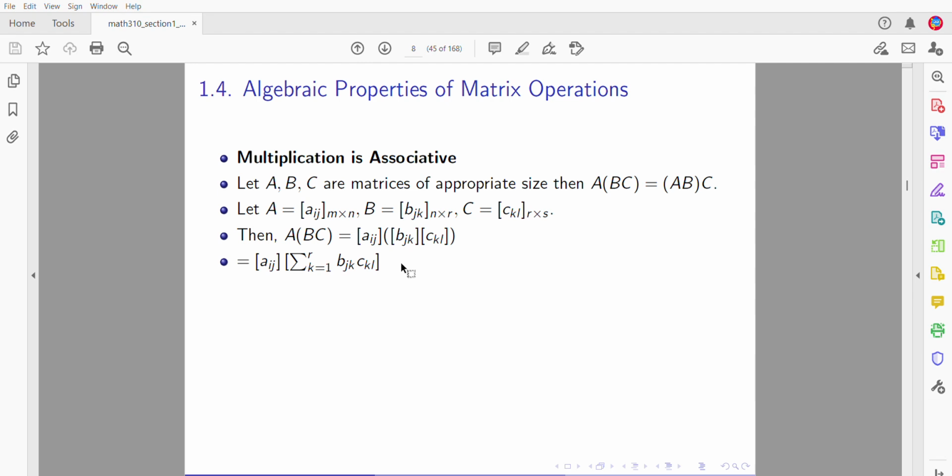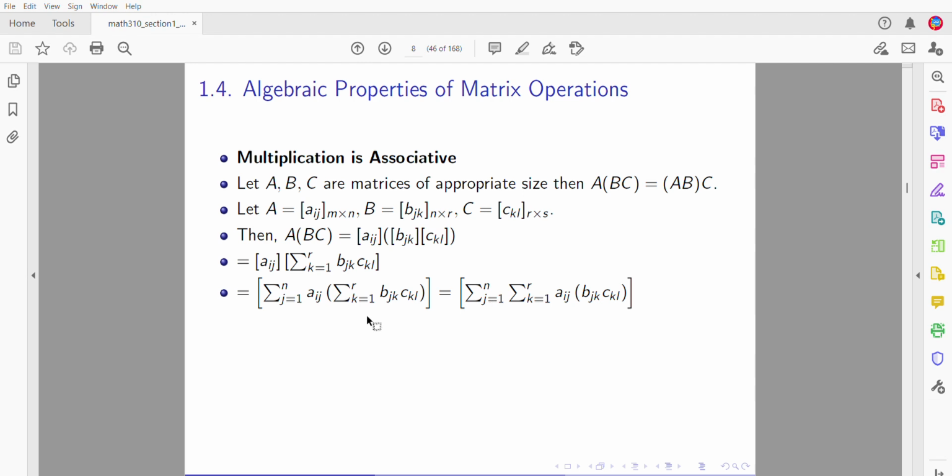Now how do I multiply this matrix with this matrix? In Aij, you see the J? That J has to go from 1 to n. Why? Look at J. J goes until n. So Aij, parenthesis, summation Bjk Ckl. You see, two summations, they can be interchanged.